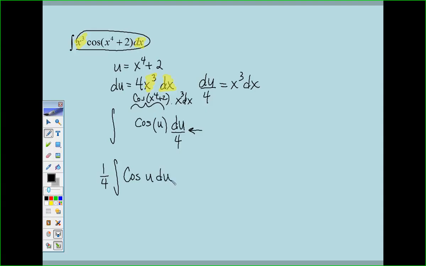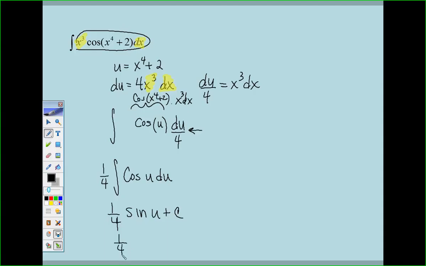Now we can find the antiderivative of the cosine of u in terms of u. We know the antiderivative of cosine of u is the sine of u, and then plus our constant of integration. So we would have 1/4.